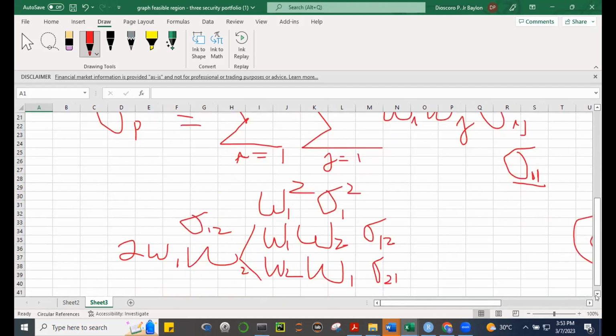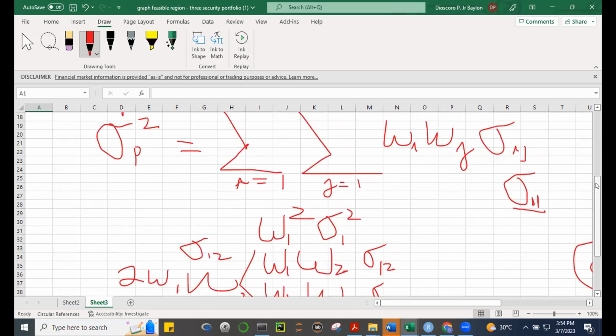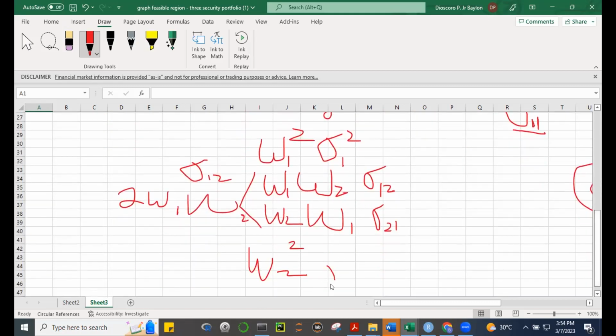So that now becomes W2 times W2. So that's W2 squared, and then sigma 2, 2, that is the variance of your asset 2. There.